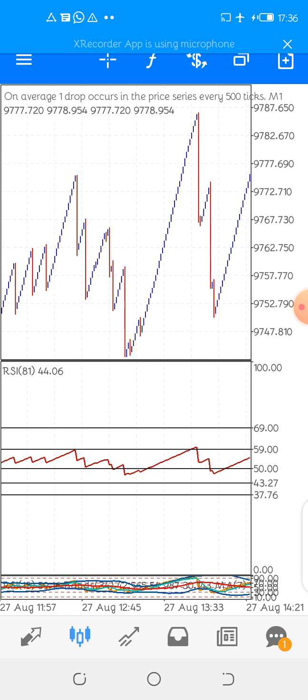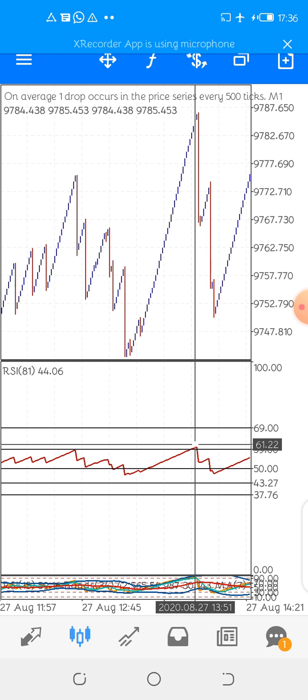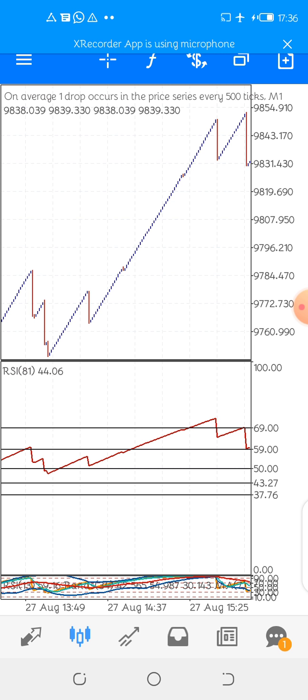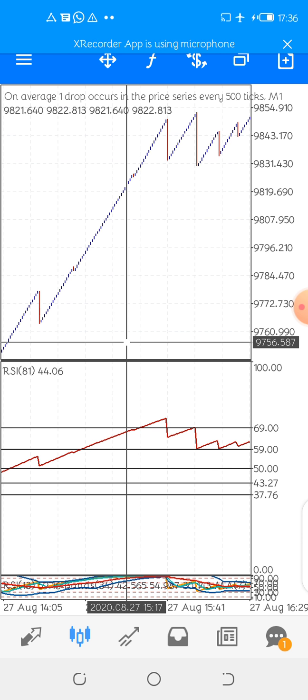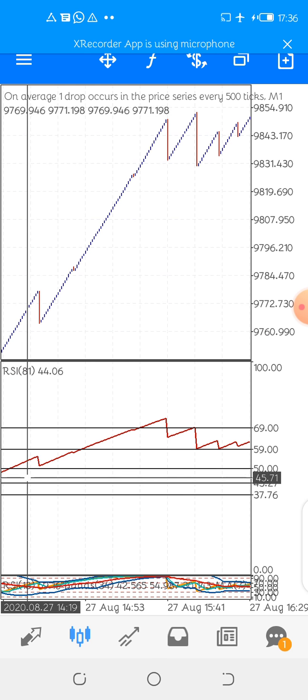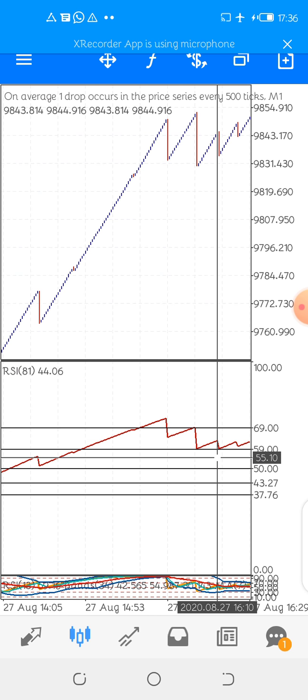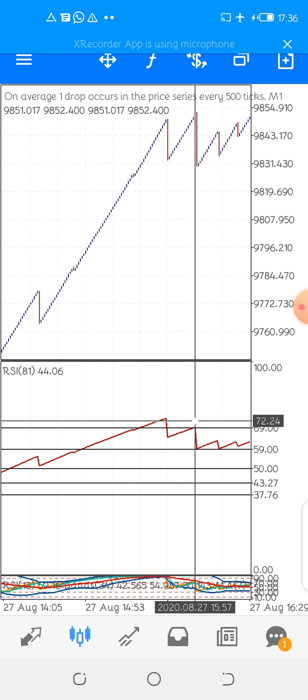So what I mean is this, you see, comes down. So what I mean is this, see, this was a very long sell. As long as it breaks free from your consolidation area, you can always buy. You don't need to buy all the way, but you can buy a few candles.